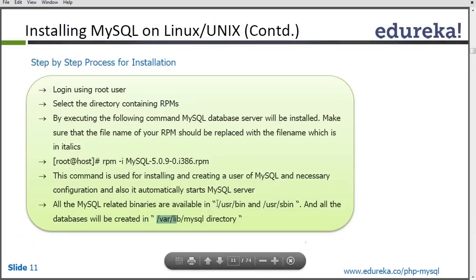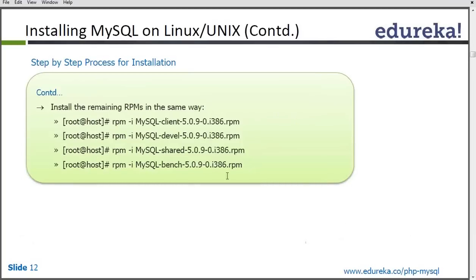So these are the basic steps of installing MySQL on a Linux system. We get RPM files when we download an installer for Linux, and one by one we install these RPMs to get MySQL installed on our system.